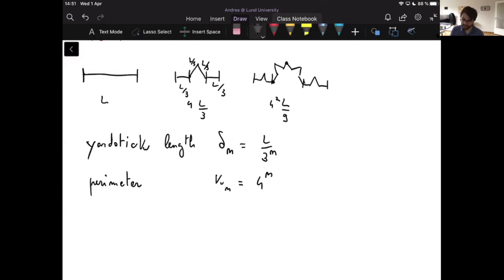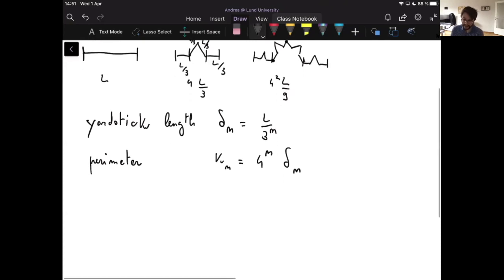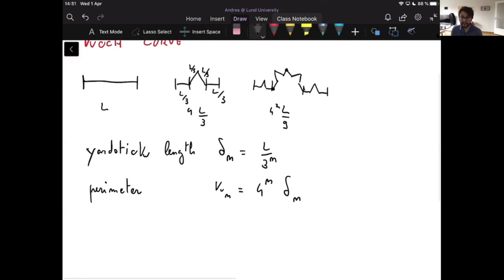So this is 4 to the n, and then the size of the yardstick delta n. So you see how long the coastline is depends on the size of the yardstick, and the perimeter of the Koch snowflake also depends on the size of the segment in the Koch curve. That also can generate the Koch snowflake.